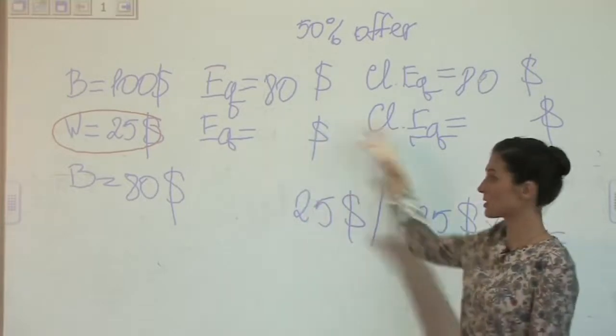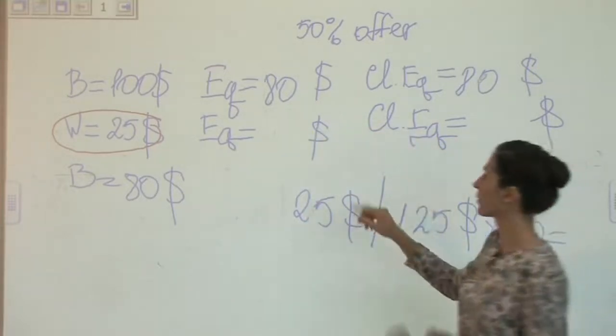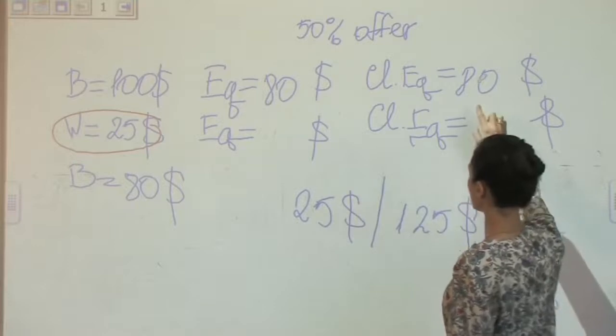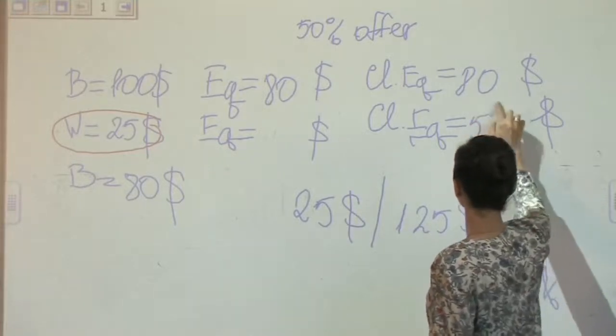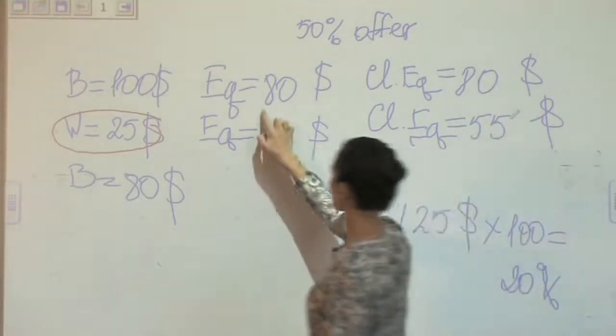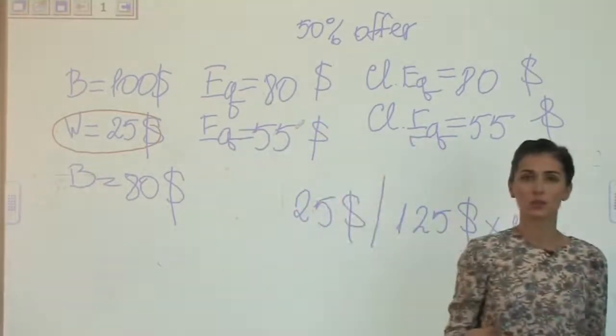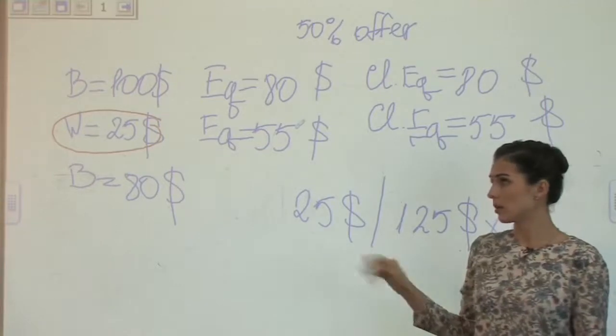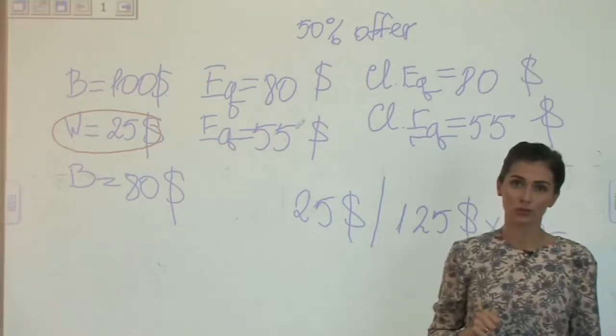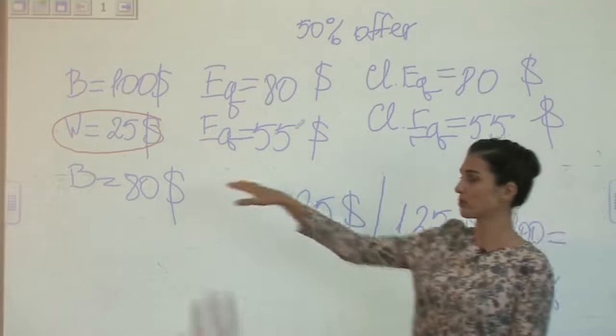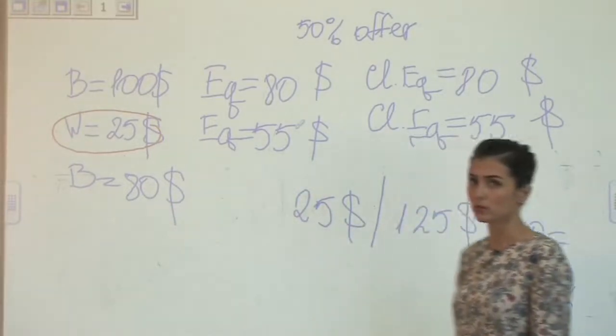So this is the same amount of funds, minus 25, this is 55. But the balance, no matter, the balance will be decreased by the percentage of reward, the percentage of withdrawing from the PAMM account.